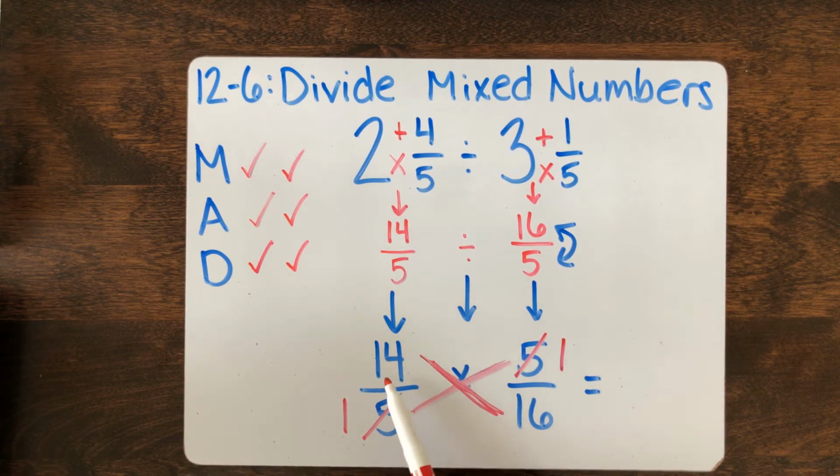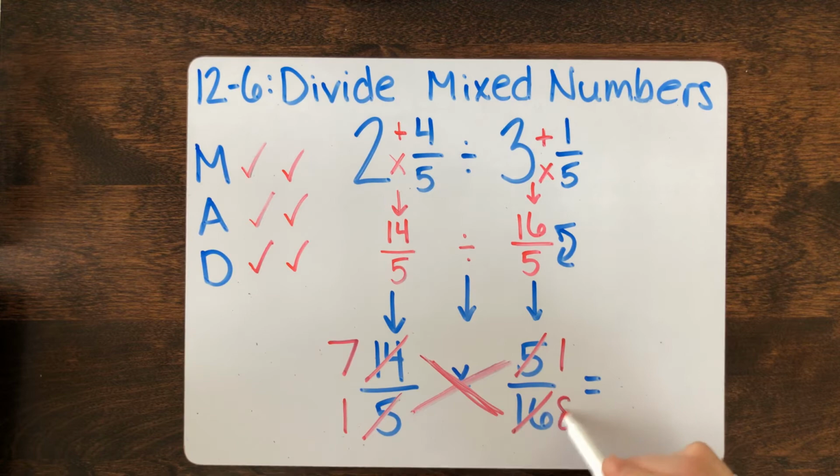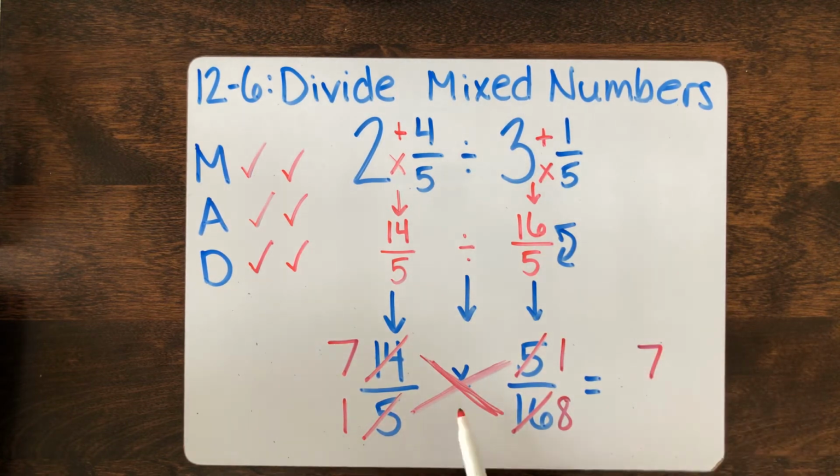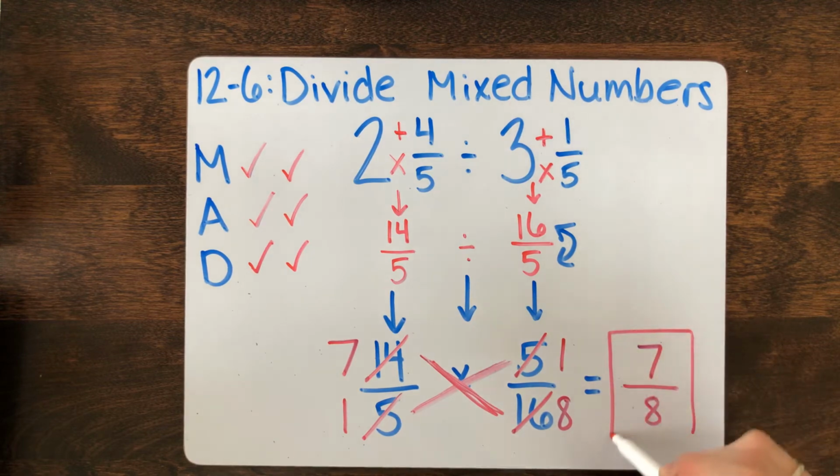So 14 divided by 2 is 7. 16 divided by 2 is 8. So now our fraction is just 7 over 1 times 1 over 8. Whew, look how easy that is. 7 times 1 is 7. 1 times 8 is 8. And that is our answer.